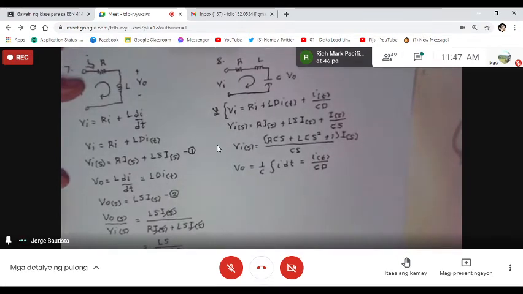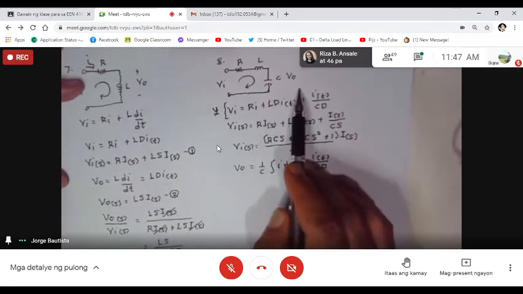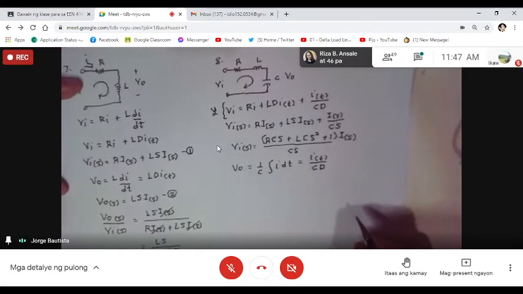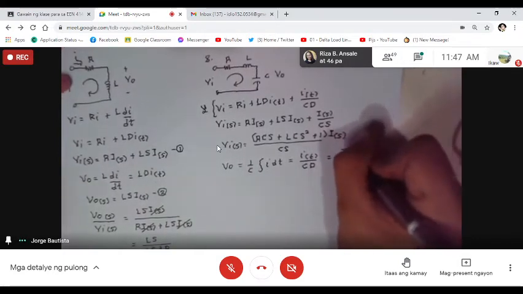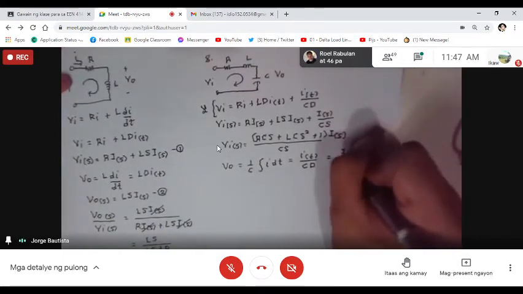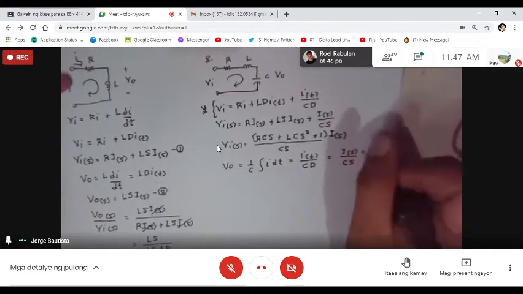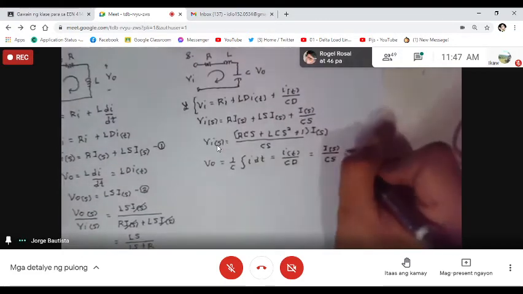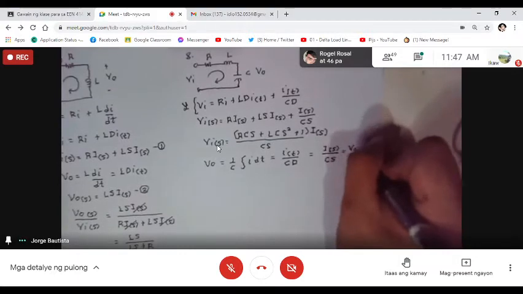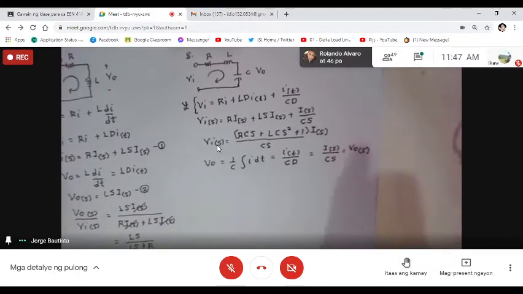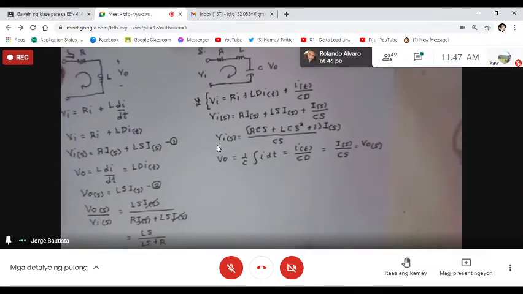Yan lang ang output niya kasi dito lang kinuha ang output. Taking the Laplace, that is I sub S over CS. Laplace na ito. So that is V sub O of S. Okay?